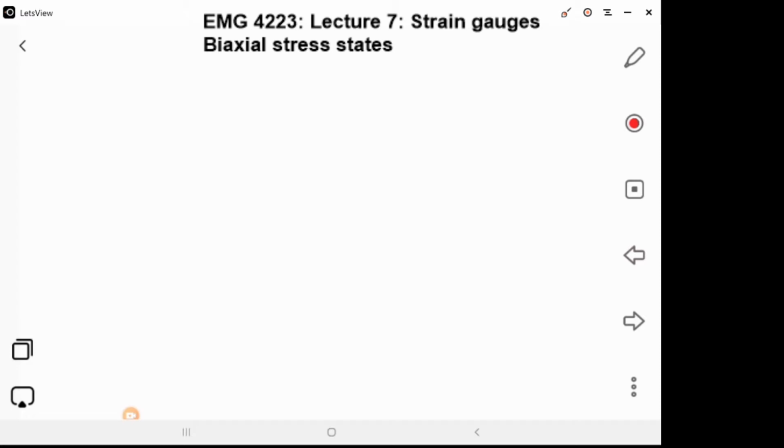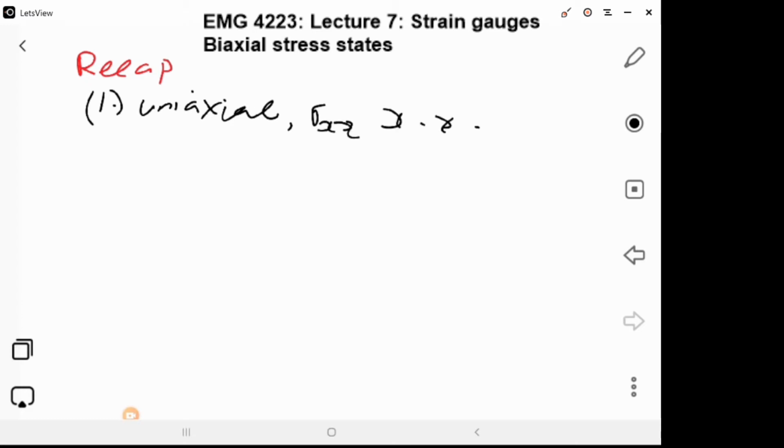As a recap, we talked of the first three states. The first one was the uniaxial state, where the loading is along one axis, xx, and the strain gauge must be located along that axis.